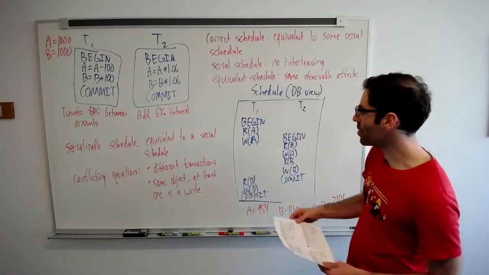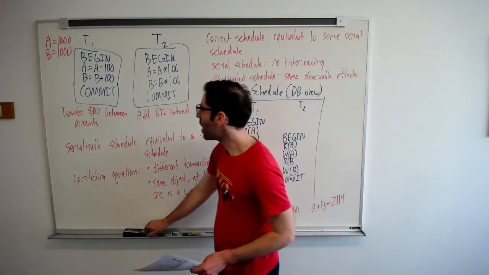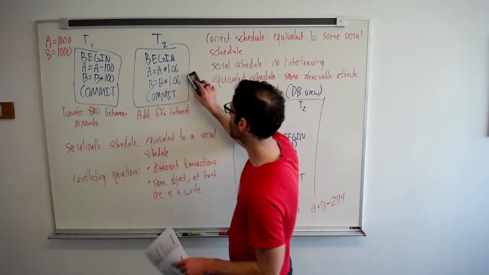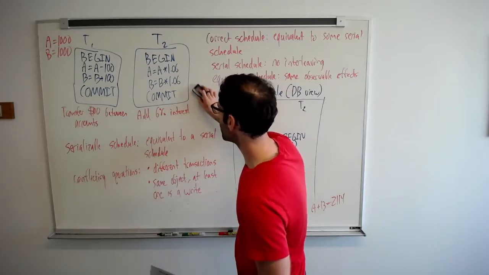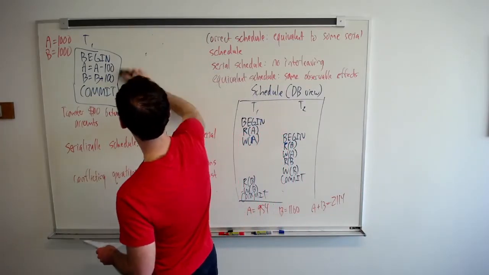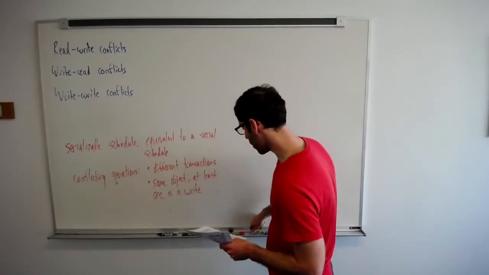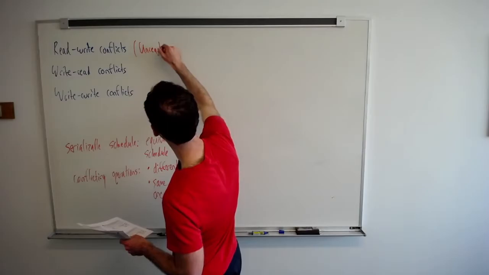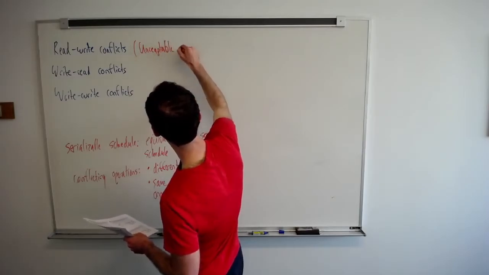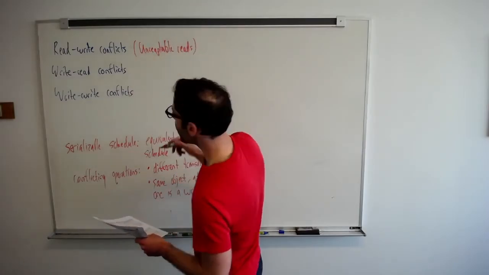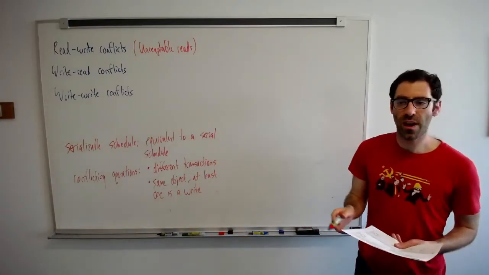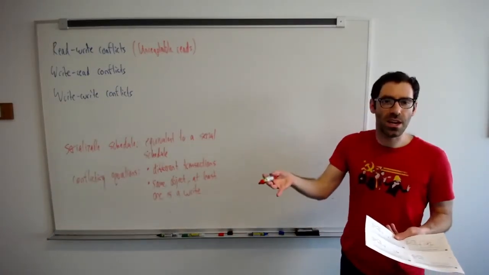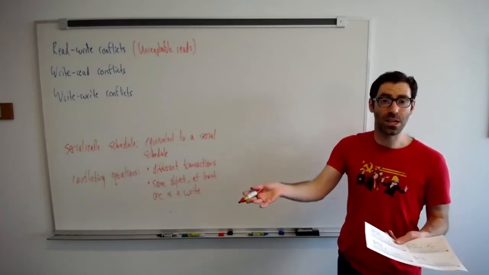There are three specific anomalies that we're going to want to avoid when it comes to conflicting operations. We have our read-write conflicts, which are also called unrepeatable reads. We read some value, and if we read the same data again later in the transaction, we're going to get something different.